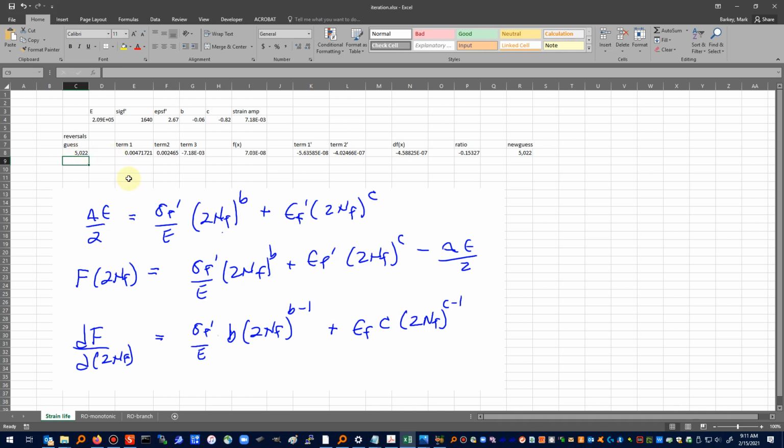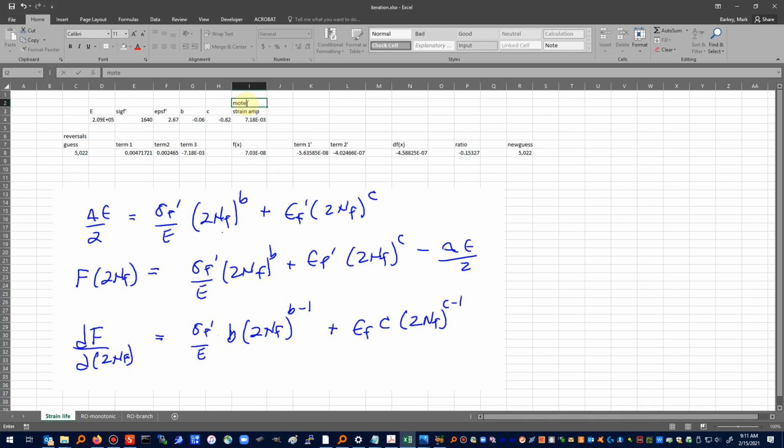So under these conditions with that strain amplitude, and let's check, strain amplitude, that would be the delta epsilon over 2. So the strain range would be twice this. Then I have this value for number of reversals.